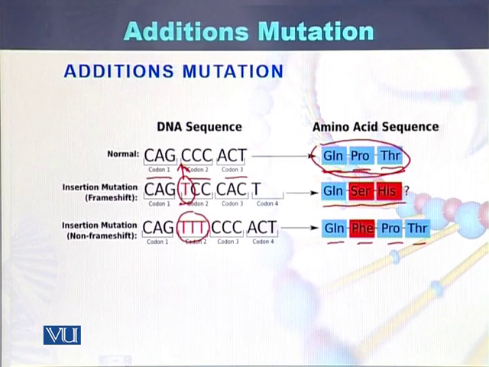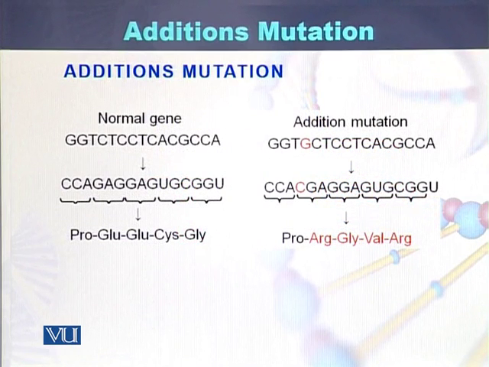If there is addition of one nucleotide, this sequence was changed into this amino acid, and if there is addition of more than one nucleotide, that is in the form of 3, the amino acid sequence has been changed into this. So addition of nucleotides is usually severe in nature as the amino acid sequence of the protein changes.